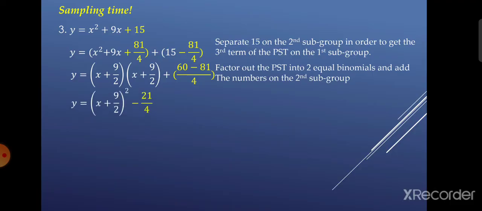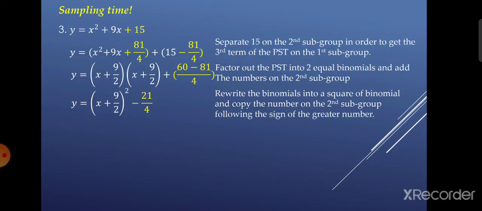Next, third step is to rewrite the binomials into a square binomial. The two x plus 9 over 2 are written as x plus 9 over 2, then squared. Then why the minus, sir? Minus 21 over 4. We cannot directly copy the number of the second subgroup, 60 minus 81, unless we subtract first. Since 60 is less than 81, 60 minus 81 is negative 21 over the denominator 4.